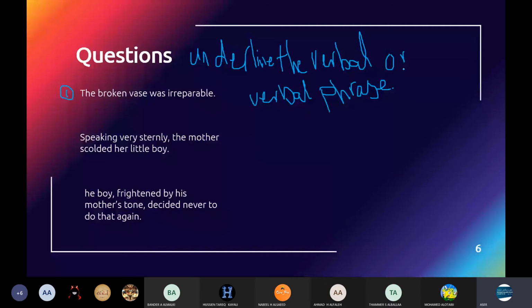A verbal or a verbal phrase is while using a verb in another part of speech, like using a verb as an adjective or using the verb as an adverb. Broken. Bravo. Okay, broken, correct. We used broken here to describe the vase. So we used a verb as an adjective to describe a noun.